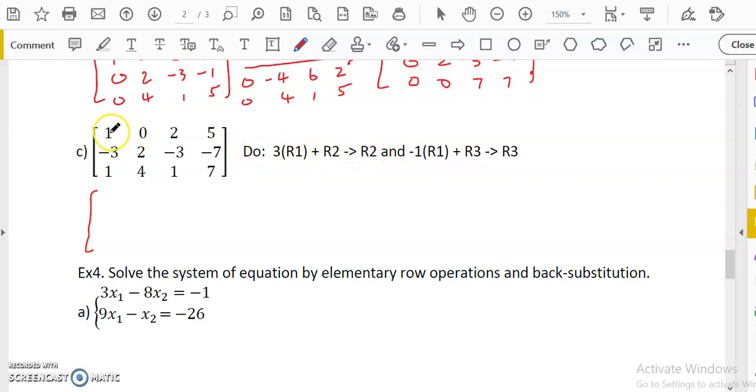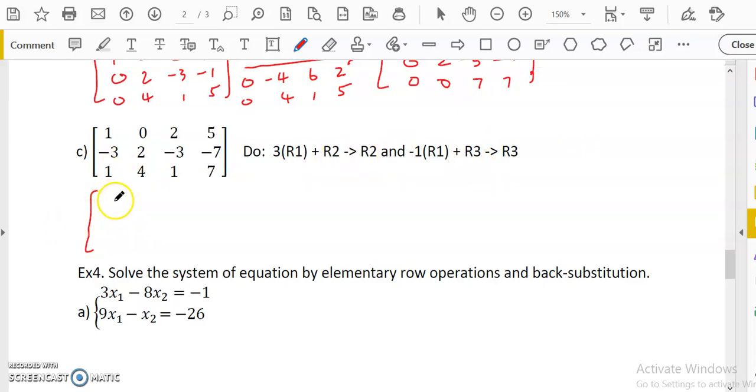But because R1 still stays the same, I'm multiplying it again by -1 and adding to R3. That's the reason why we don't want to change R1 yet. We want to let it stay so we can use it to do that. After you do these 2, you still have to do the third one. So this is just practicing it.